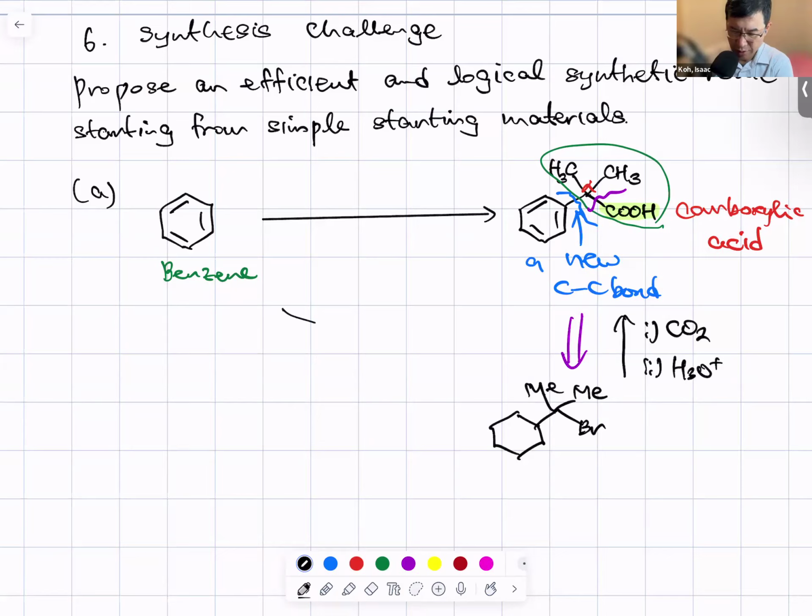And now let's think about it. How can we convert this benzene ring to this compound? We have learned about Friedel-Crafts alkylation, so let's think about Friedel-Crafts alkylation.